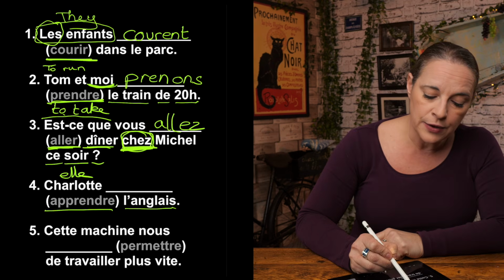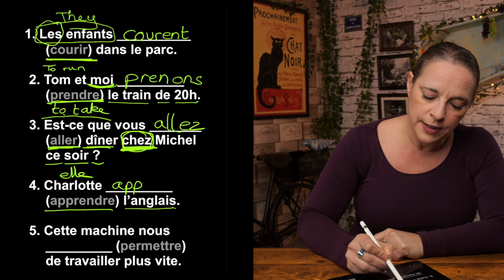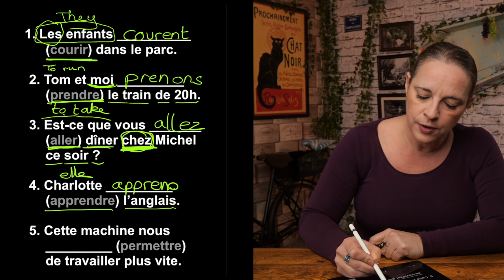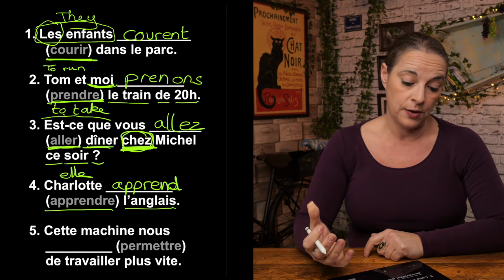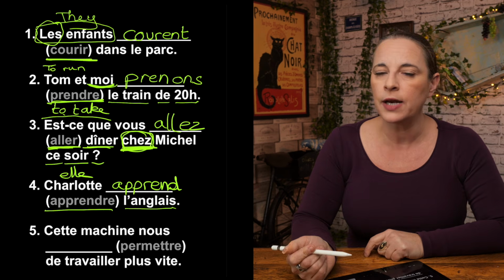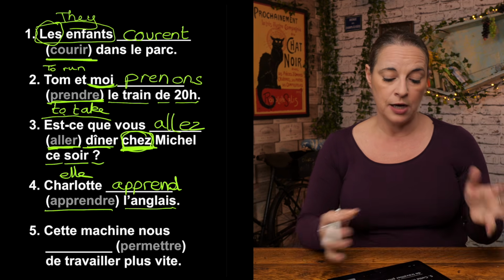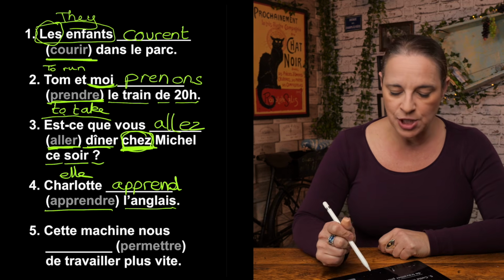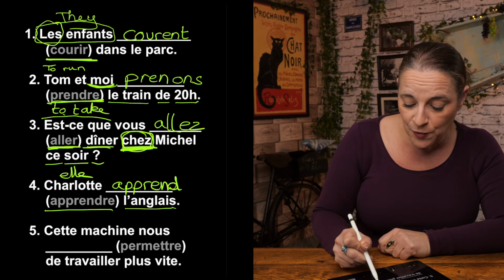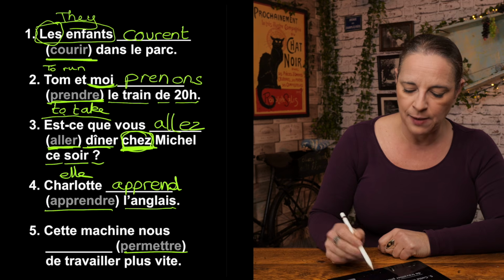Elle. And then knowing that, we know that for apprendre, the ending is just D, okay? Not S, D. So here we go. Charlotte apprend l'anglais, quite simply, okay? Charlotte is learning English.